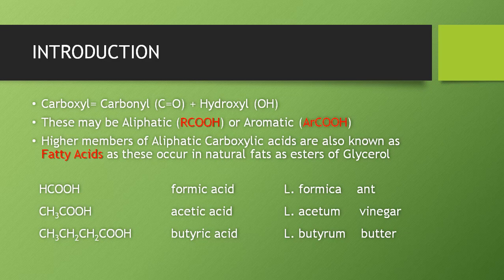CH3COOH, acetic acid, Latin name is acetum, means vinegar. The natural source of this acid is vinegar. Similarly, butyric acid, Latin name is butyrum and the natural source of butyric acid is butyrum, which is rancid butter.